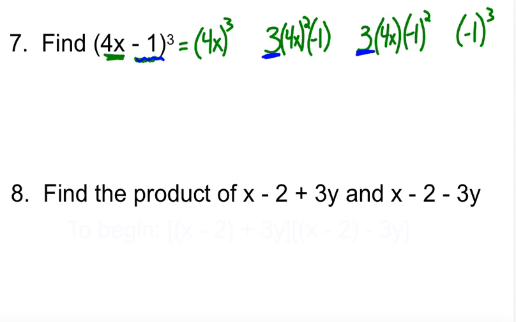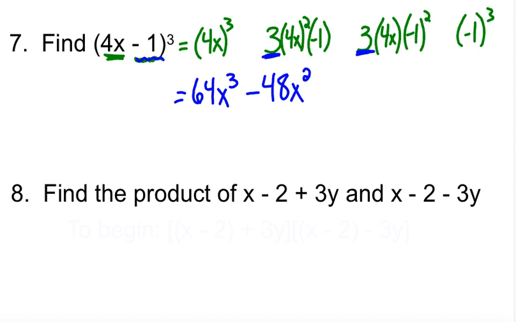And the signs are just going to fall into place with this, and I'll show you what I mean by that. So we get 4 to the third, that's 64, and then x cubed. Here we have 4 squared, which is 16, and 16 times 3 is 48. But notice we have a -1, so it's going to be negative 48x squared.